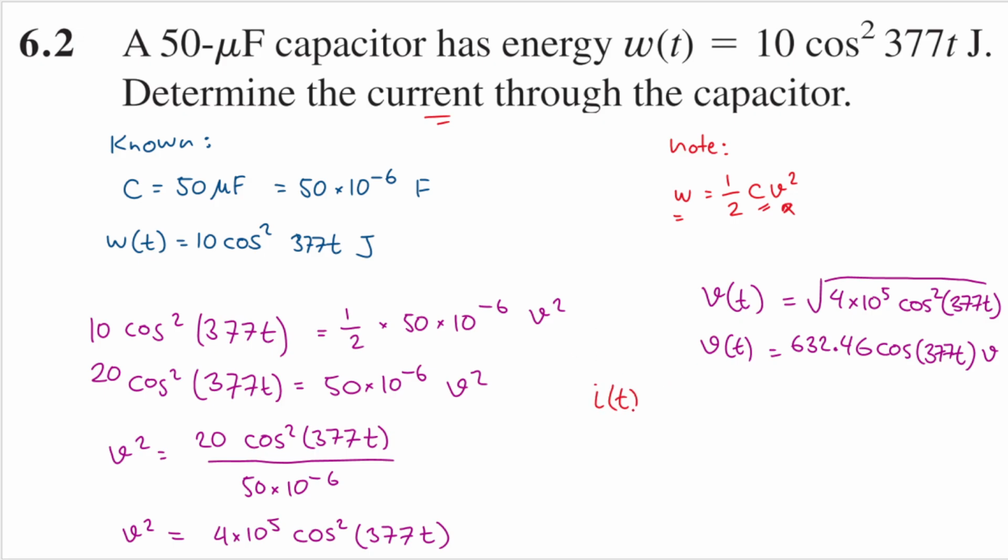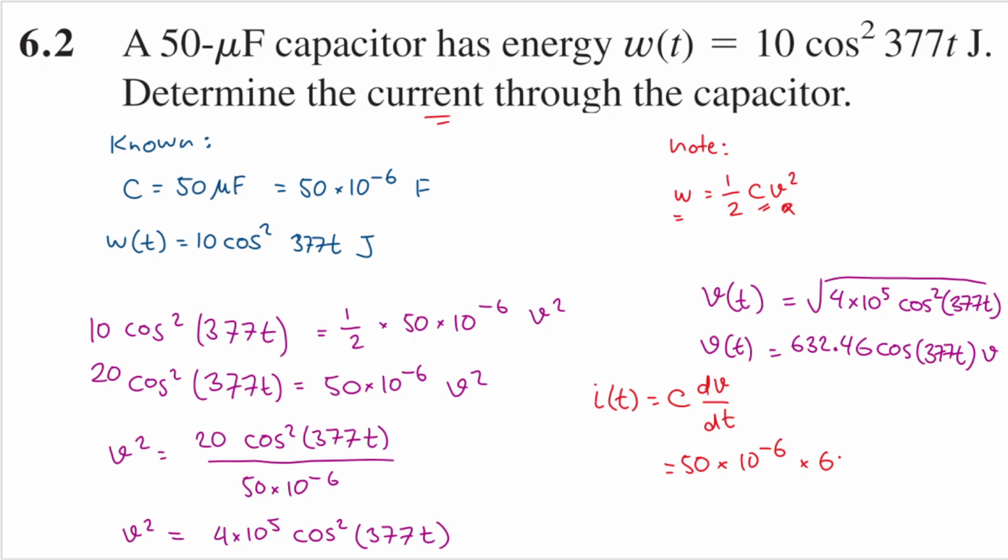The current i(t) is the capacitance multiplied by the derivative of v with respect to t. The capacitance is 50 multiplied by 10 to the minus 6. For dv over dt, we have this function, and the constant will still be the constant.